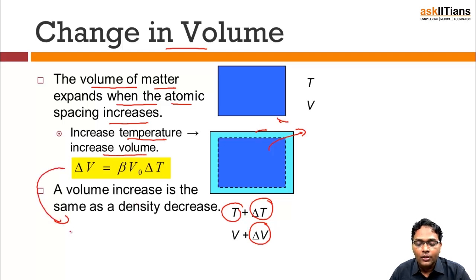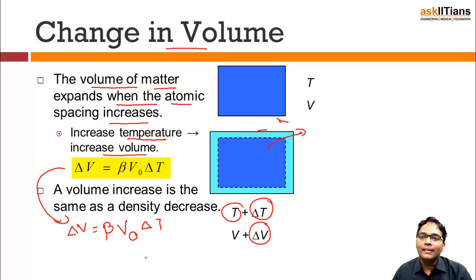You get delta V equals some proportionality constant beta times V naught, the original volume, times delta T. So this is the change in volume that takes place. A volume increase is the same as a density decrease, because look at it in a very simple way.